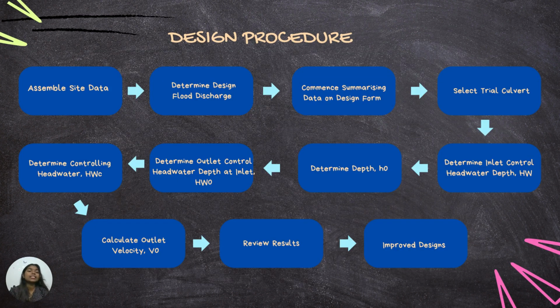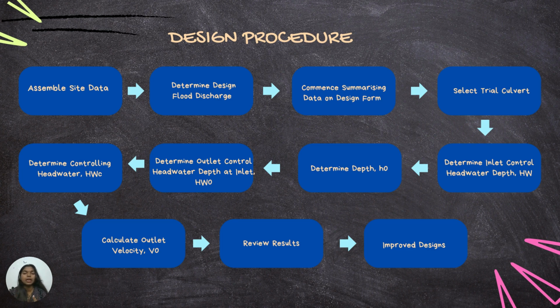Next, this is the design procedure. First of all, we are going to assemble site data. That is the crucial one. Next, we are going to determine the design flood discharge. And then we are going to commence summarizing data on the design form. Select culvert.